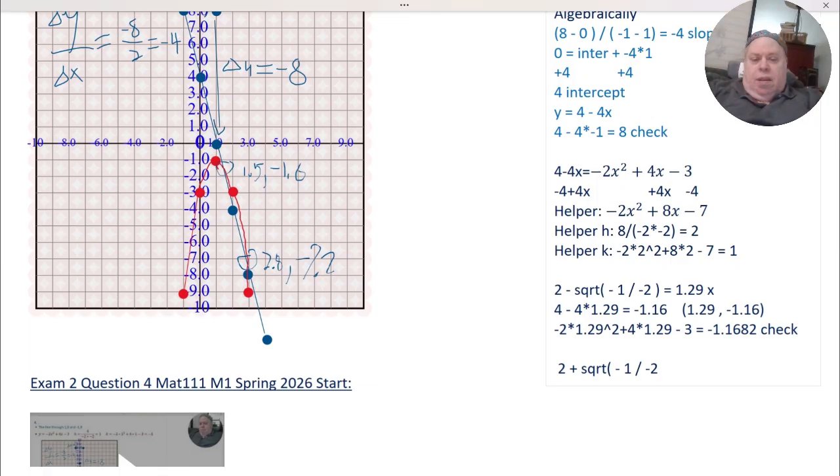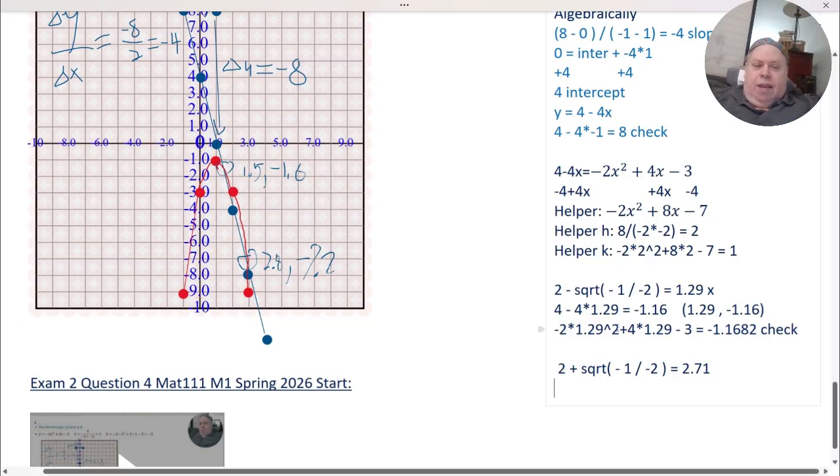And we take that, and that gives me, I said 2.8, and it was 2.71. So this one, I actually got the x a little more accurate there. And so that's my x value.